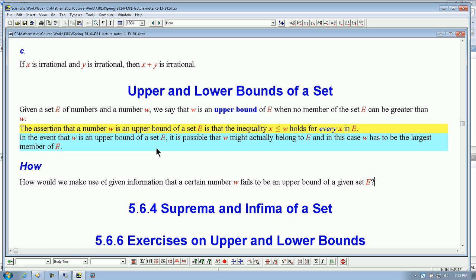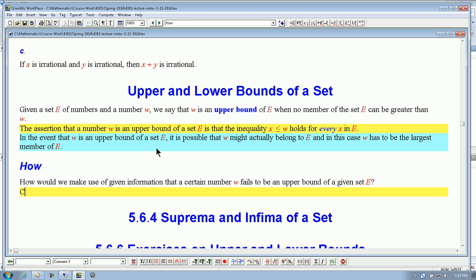You write choose. This is what you would write. Here it is. Choose a member X of E such that X is greater than W. The information that W fails to be an upper bound of E is the information that there exists a member of E that is bigger.